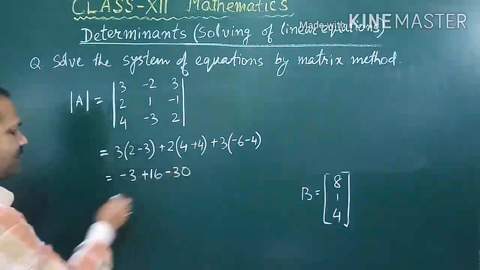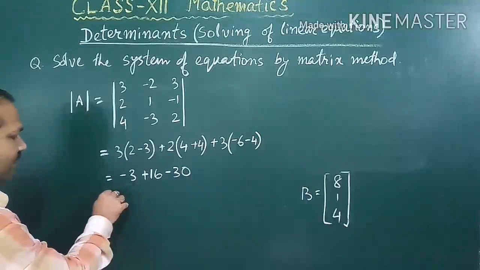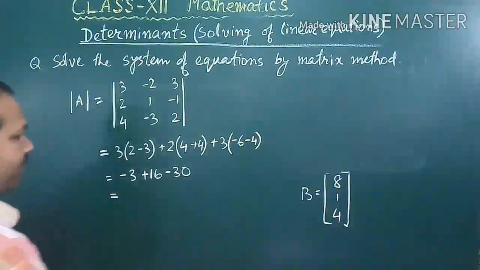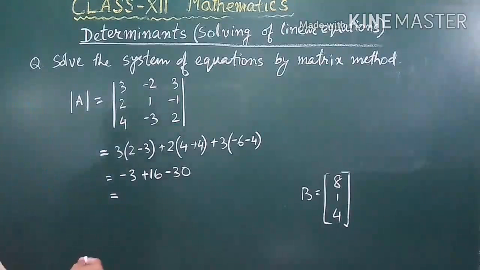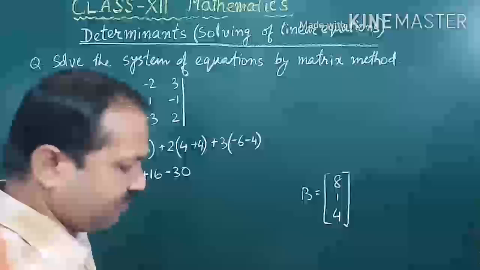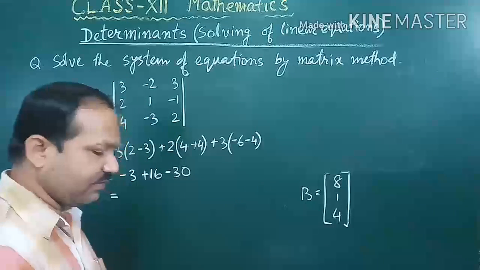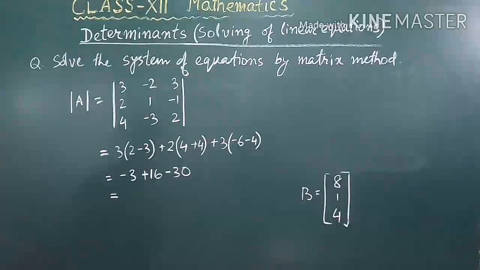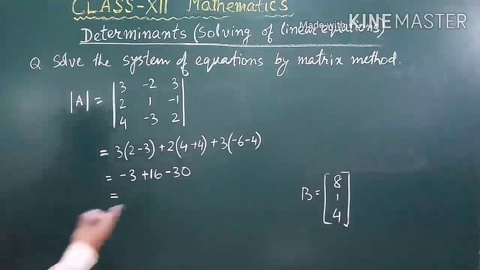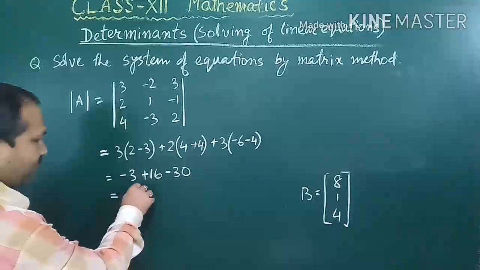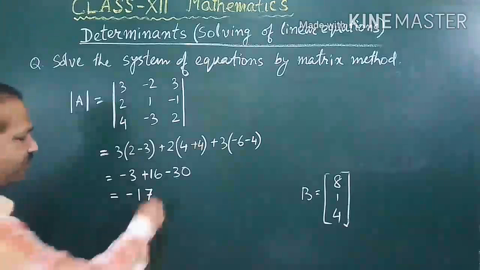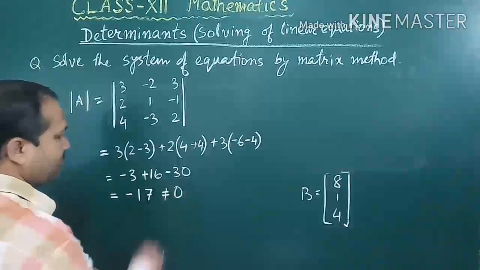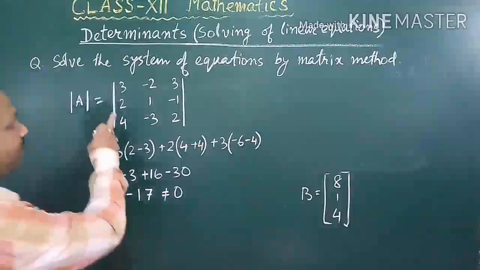So minus 33 plus 16 is minus 17 ... determinant is minus 70, which is not equal to 0. Therefore, A inverse exists.